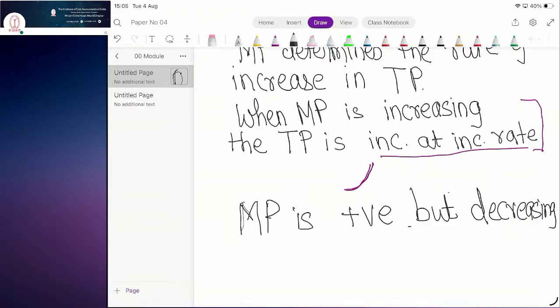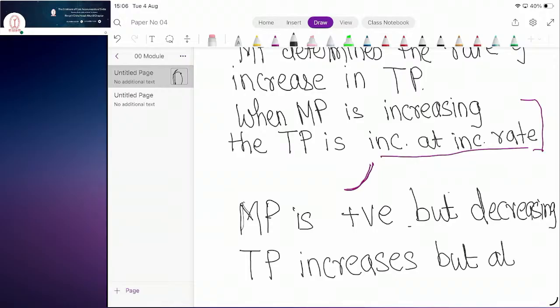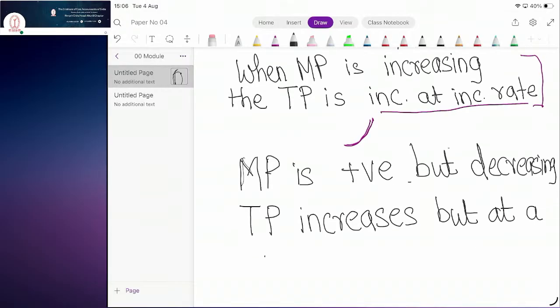Graphically it will be falling, okay, is positive but decreasing. Total product increases, but at a decreasing rate.